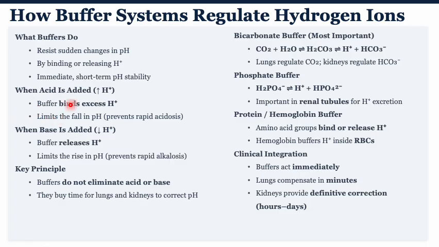When acid is added, again, increased hydrogen ion, the buffer binds to excess hydrogen. This helps to limit the fall in the pH, so it prevents rapid acidosis. When a base is added and the hydrogen ions are decreased, the buffer will release hydrogen ions, and this prevents a rapid increase in the pH, and it prevents alkalosis.